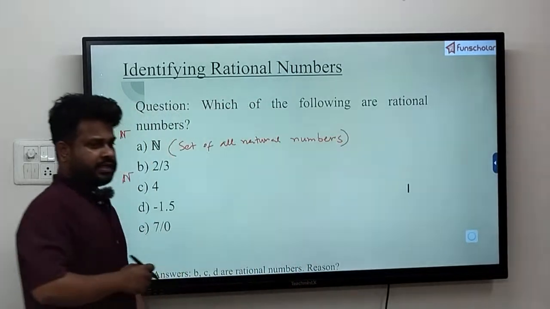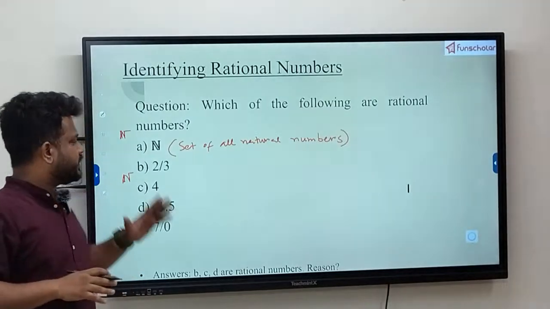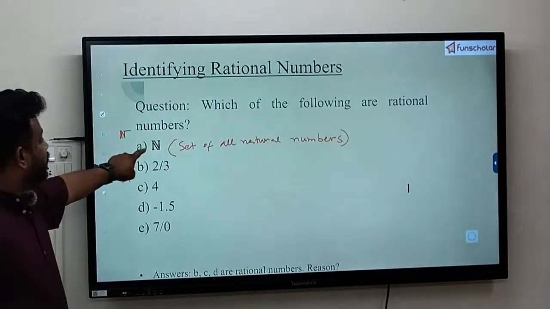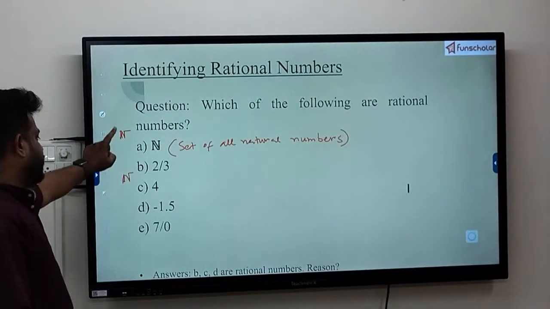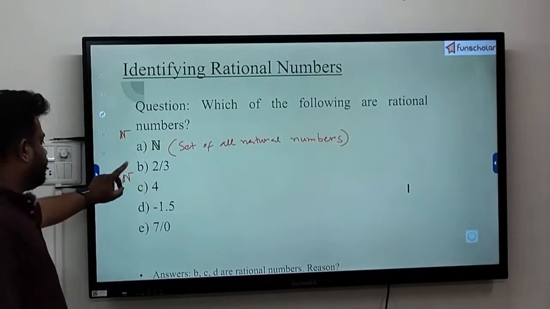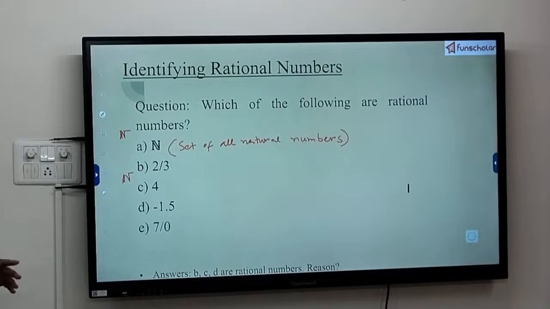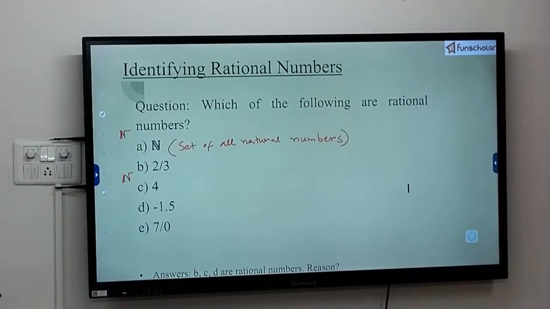Okay, set का मतलब पता है? हाँ, okay. So the set of all natural numbers is denoted by this type of N. Okay, and the next one is 2 by 3, the third one is 4, the fourth one is minus 1.5, and the fifth one is 7 by 0. We have to tell which of the following are rational numbers.